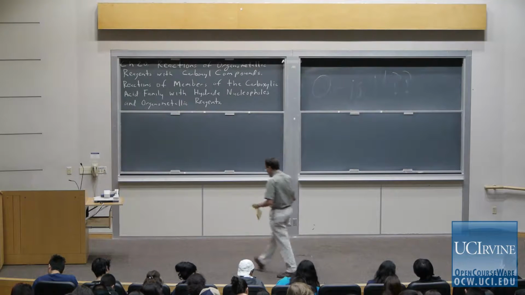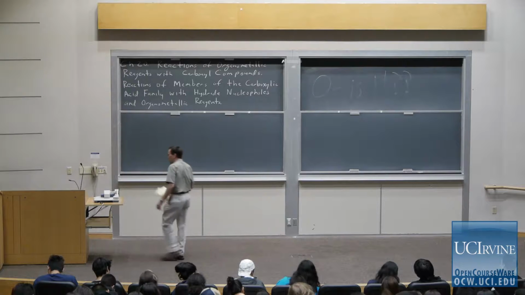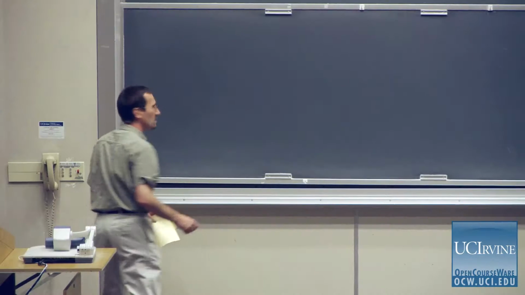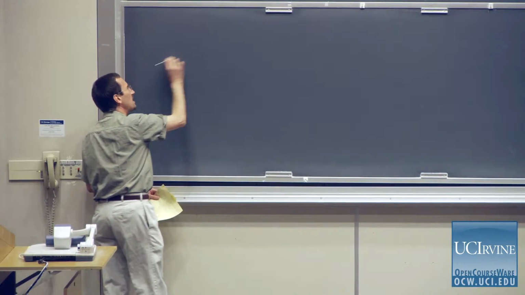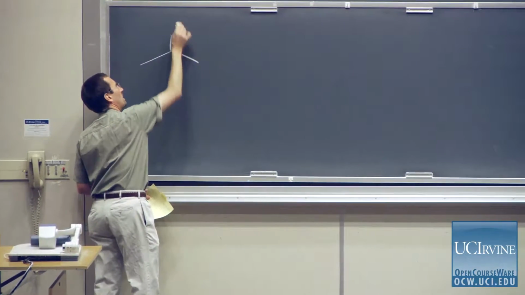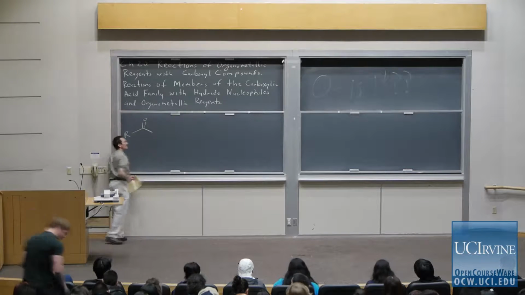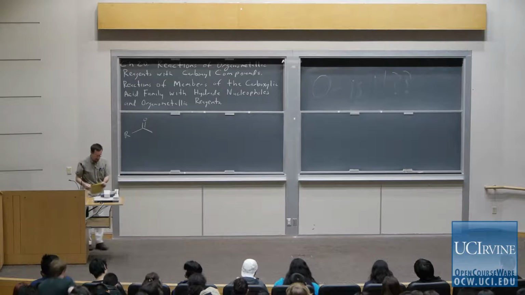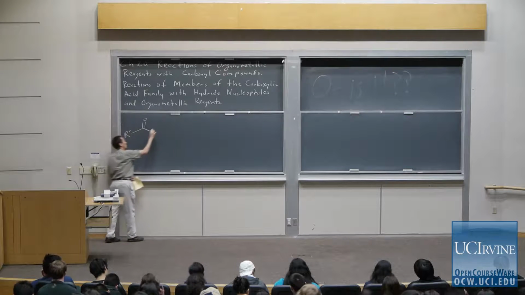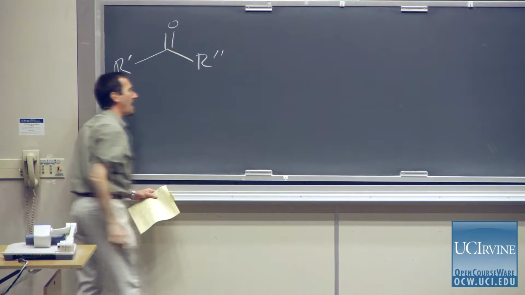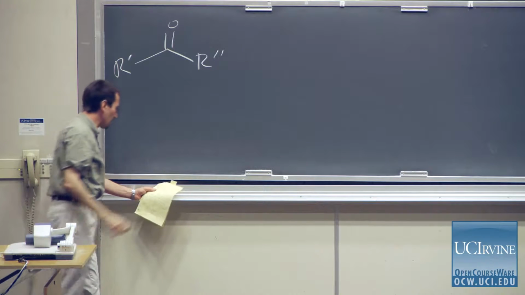When we were talking last time, we talked about hydride reagents with ketones and aldehydes. Generically, if we have some ketone or aldehyde, I'll write it showing R groups that could be alkyl, that could be aromatic, that could be hydrogen.